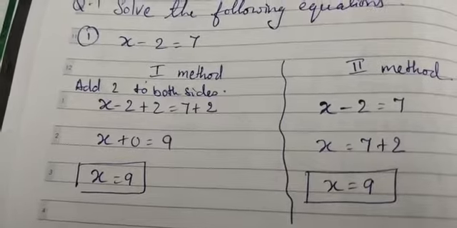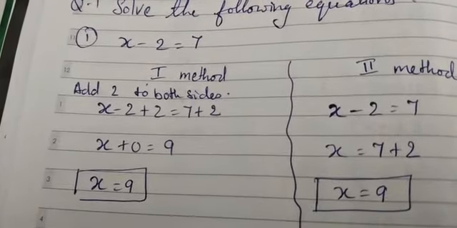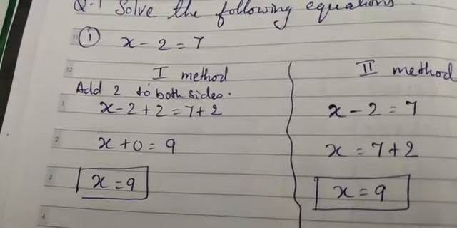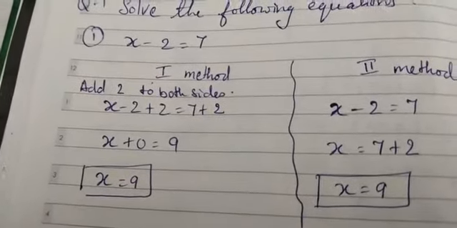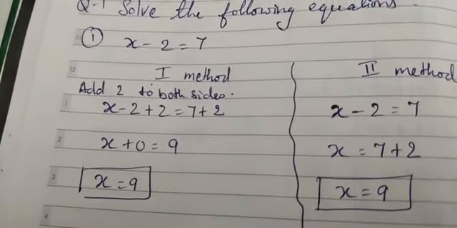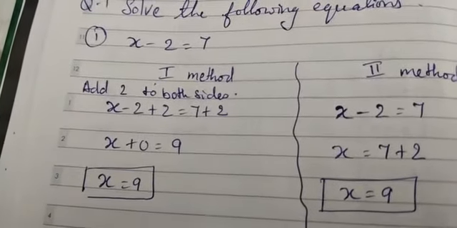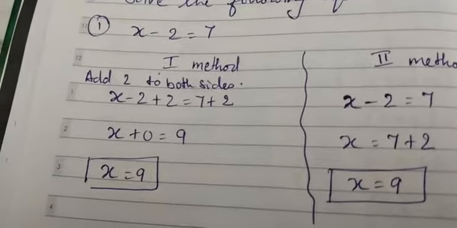How? In the first method, what we are going to do is, you can see with x what is there? Negative 2 is there, and our aim is to remove the negative 2. So what will you do? You will add positive 2 on both sides. As negative 2 is there with x, we are adding positive 2 to both sides.